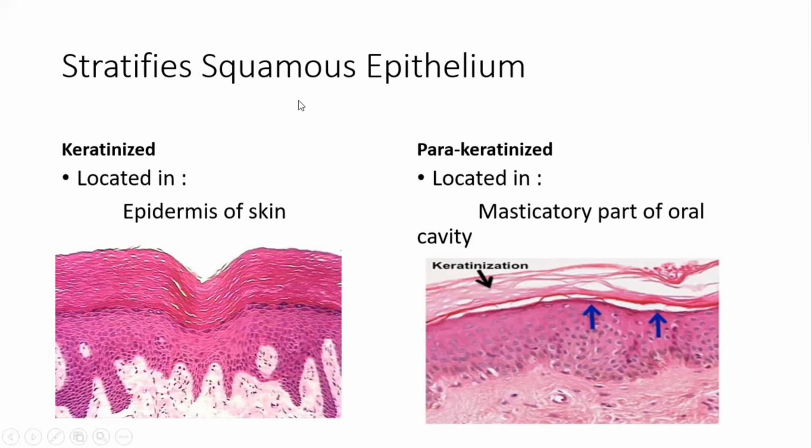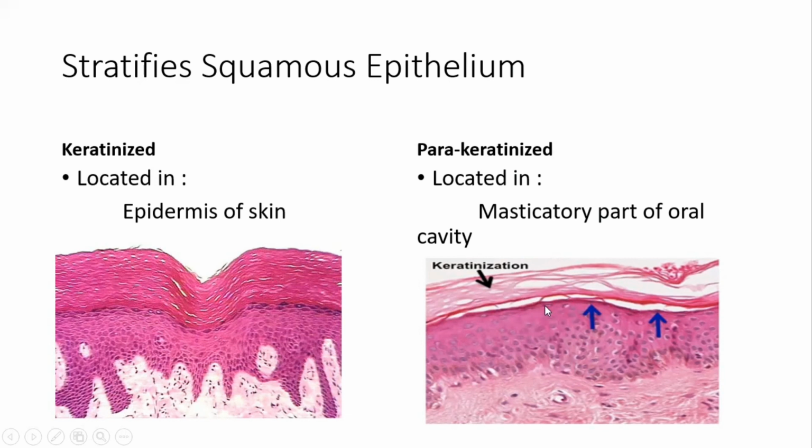So now here, stratified squamous parakeratinized. Stratified squamous parakeratinized are all like the keratinized epithelium, but the difference is the keratin in those cells is much less than the one in keratinized. So it's half keratinized or partially keratinized. These are more than one layer, so it's stratified.